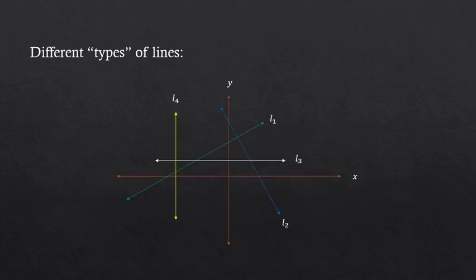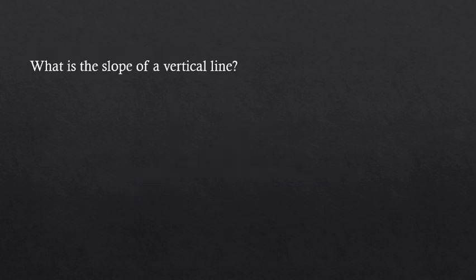Looking back here, we also had this yellow line, this vertical line there, L4. What is the slope of that line going to be? Well, that line, it certainly went vertical, it went up and down, so there is a rise to it, but the line never goes left or right. That is to say, there is no run to it.